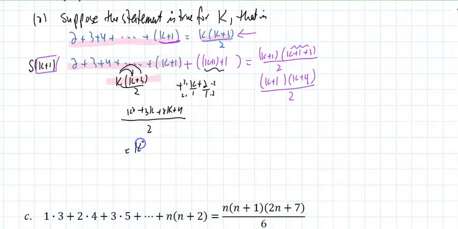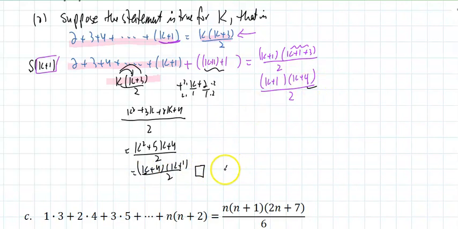Isn't that k squared plus 5k plus 4 over 2? Isn't that k plus 4 into k plus 1 over 2, which is exactly that? You're done. Then you relist the original statement. That's an official proof.